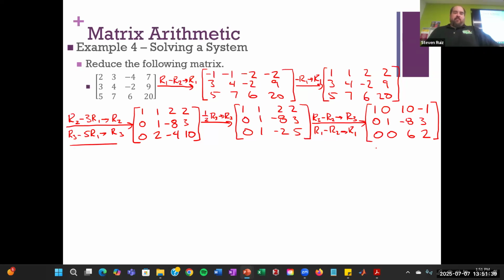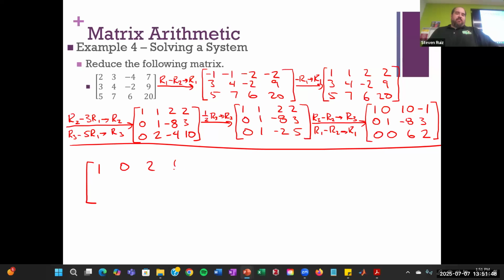All right, sorry, I'm going to throw this one out. Let's replace it with one. Let's pretend to reduce it to something that didn't reduce to echelon form. So 1, 0, 2, 6.